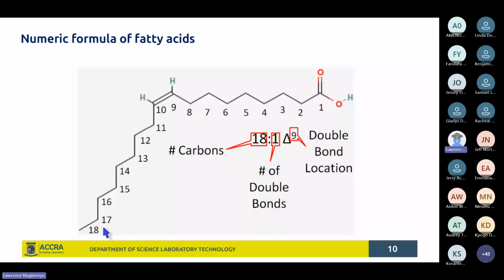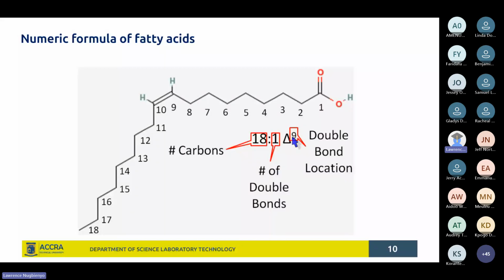And so you see the numbering from 1 to 18. The first number there is 18, which is referring to the number of carbons. And you have 18:1. What does the 1 there mean? The 1 means the number of double bonds that are present in the fatty acid.